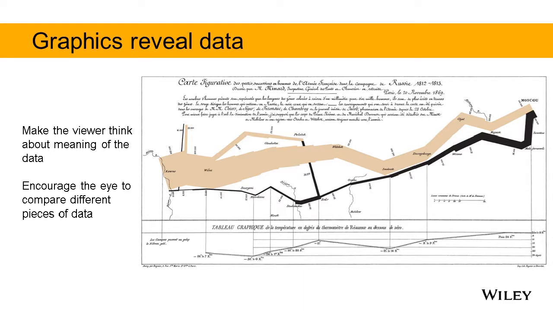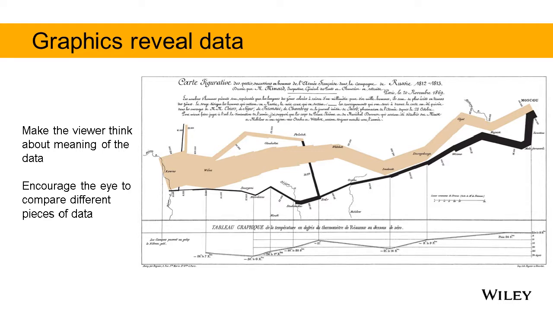In this image here, which I know is quite hard to read, but it's from the mid-1800s, so we'll give it a bit of a break. This is an example of an early information graphic, what we would refer to now as an infographic. It was designed by somebody named Charles Joseph Minard, and it depicts Napoleonic France's invasion of Russia. So you can clearly see that multiple aspects of information are being depicted in one chart.